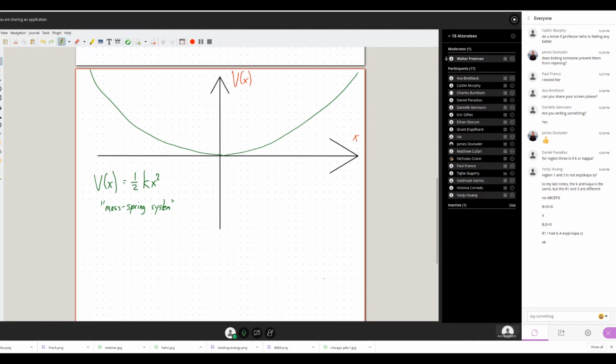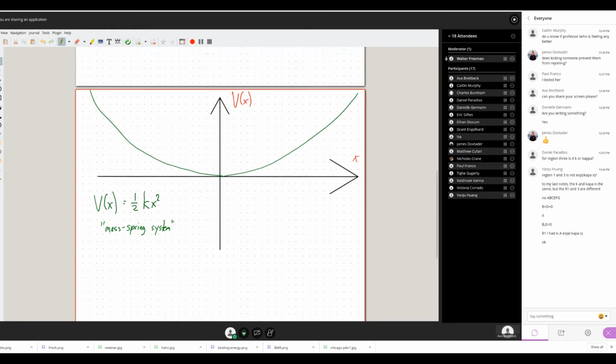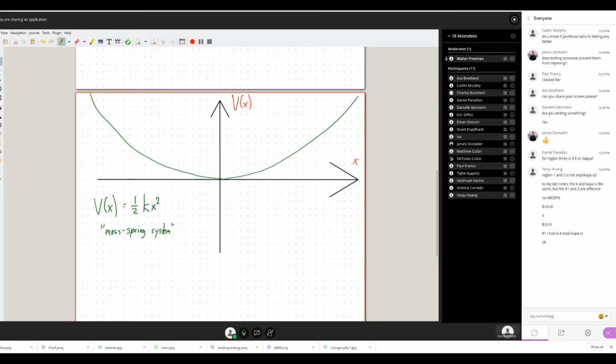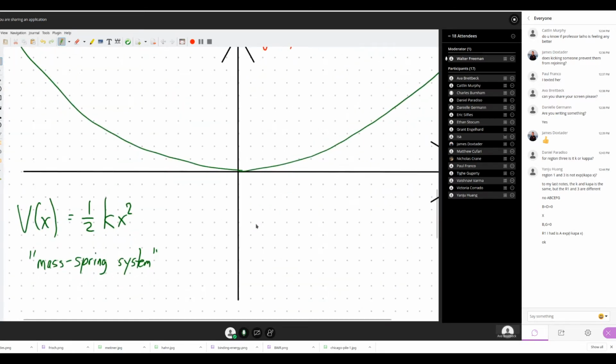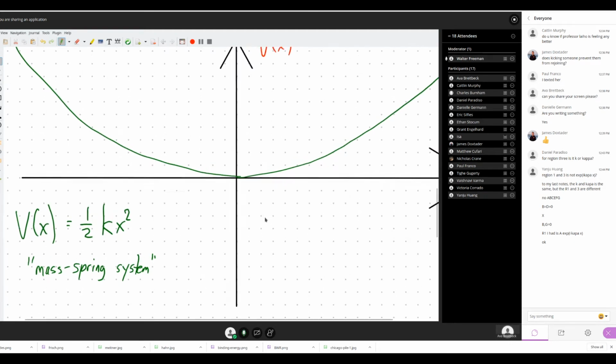And in this case, the algebra here is more complex than we want to do. But this also has a set of stationary states. And there are a lot of systems in nature that behave like this.